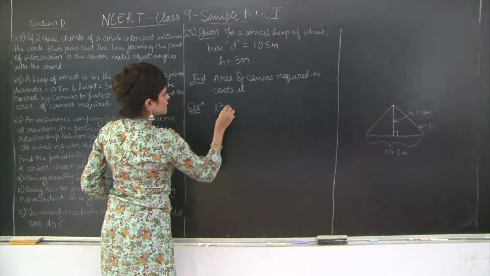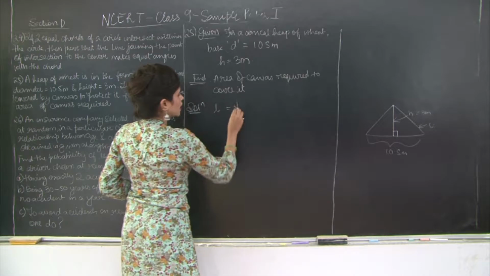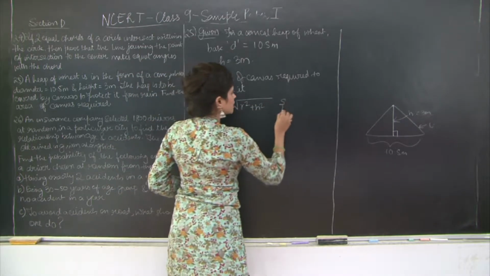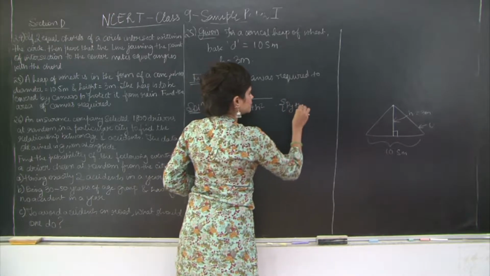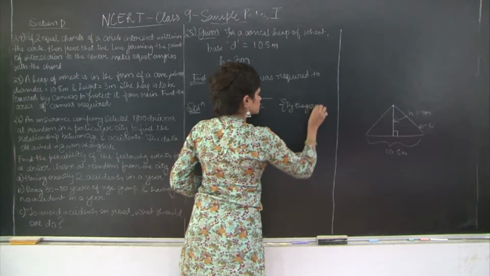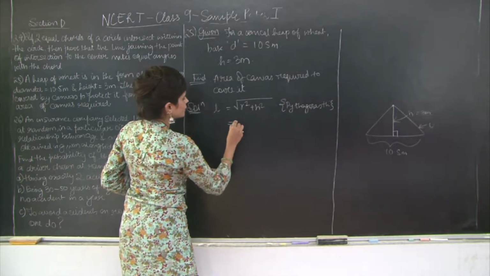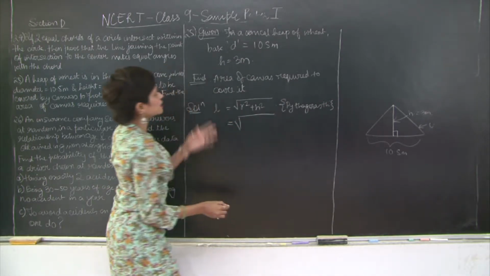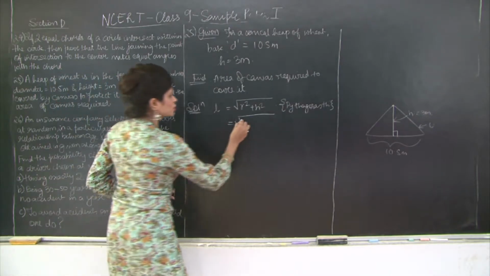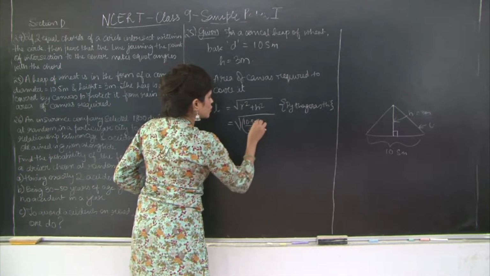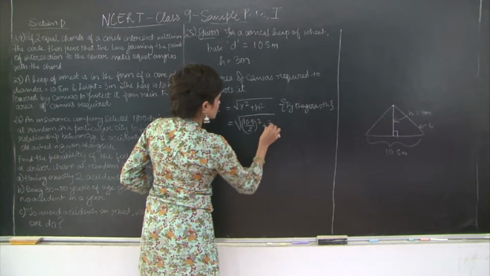L is equal to the square root of R square plus H square, using the Pythagoras theorem. So this is going to be, R is what? Diameter divided by 2. So (10.5 divided by 2) the whole square plus 3 square.